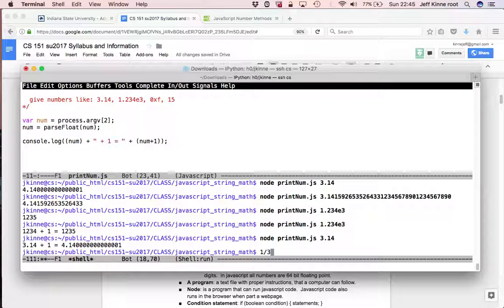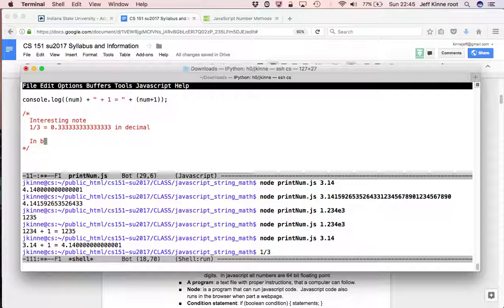Okay, so I'll just put this in the file here. Interesting note. So 1/3 as a decimal is 0.3 repeating, but in base 3, this number would be 0.1.